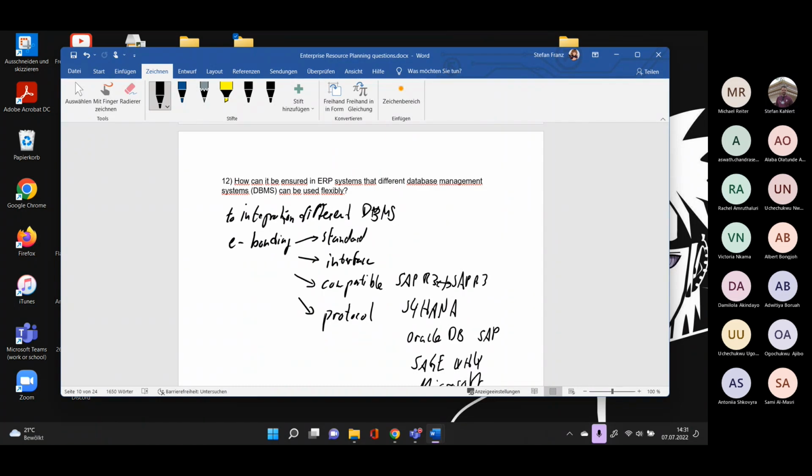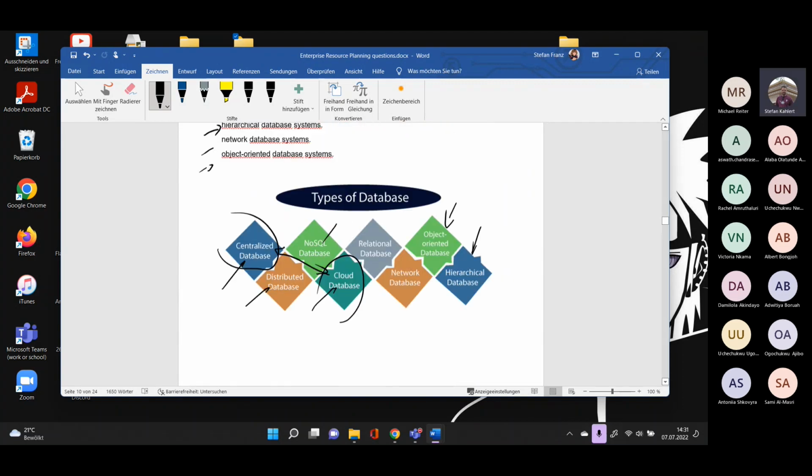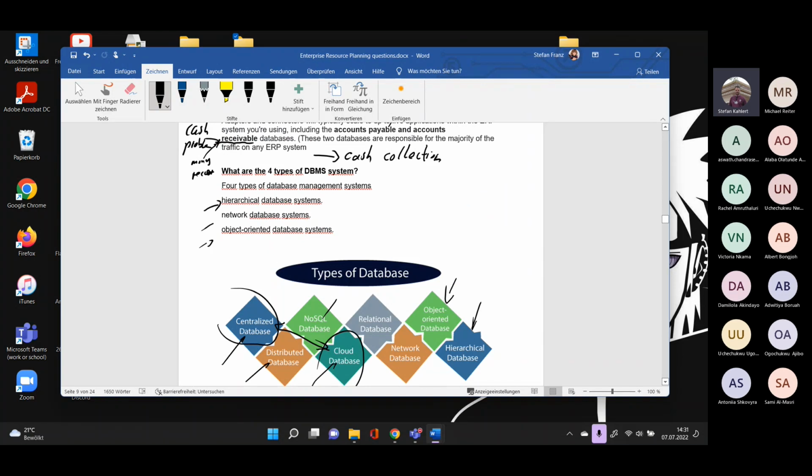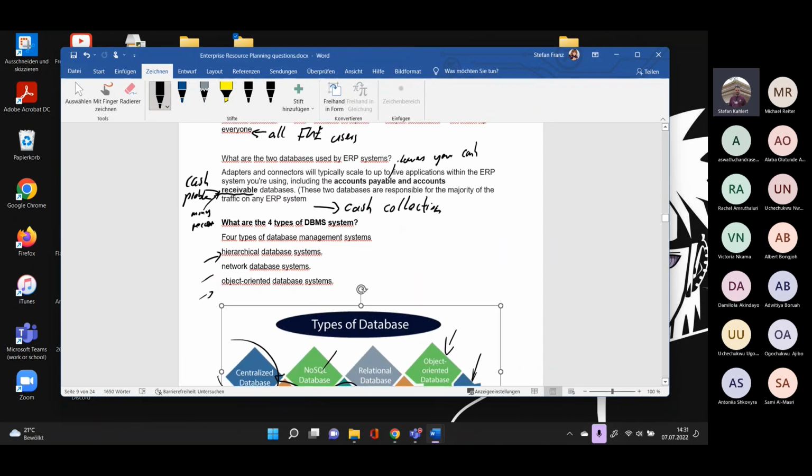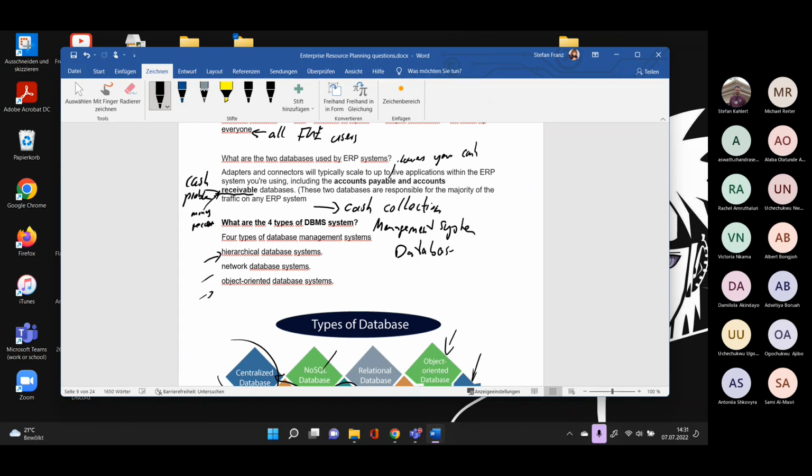But what are the 4 types of DBMS systems? And then you list 3. Yes, there are more than 4 and more than 3. You have to differentiate between a database management system and a database. A database is where you store your data, maybe not with much logic and not with certain processes or connections or relations to a certain application.